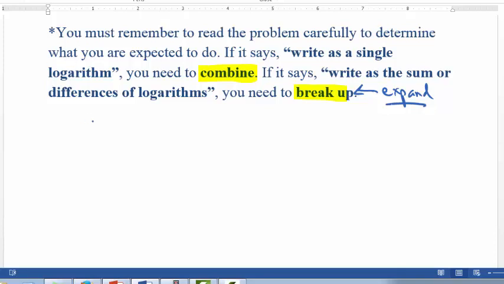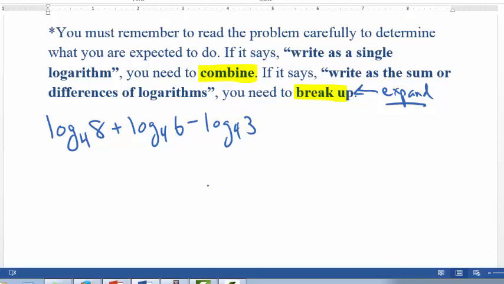Okay. Now, just one other thing that you could possibly see is, let's say I have something like log base 4 of 8 plus log base 4 of, I don't know, 6 minus log base 4 of 3.